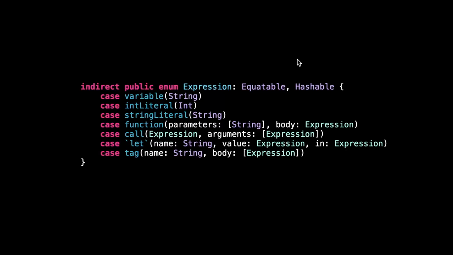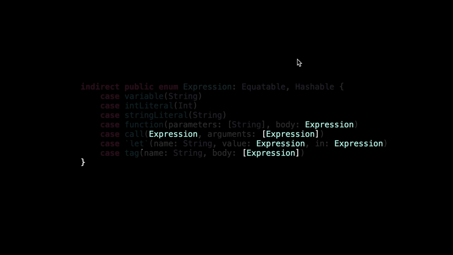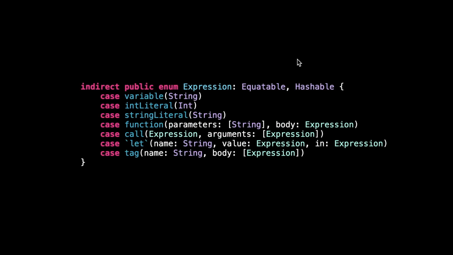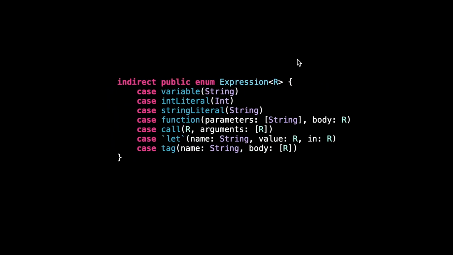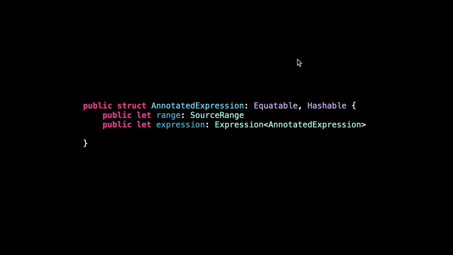Instead, we can use a small trick, and we can focus on the recursive parts of the expression. So if we take those recursive parts and replace them with a generic, that allows us to annotate our expression with any kind of annotation we like. So we could, for example, create an annotated expression with a range, and then inside we have an expression of annotated expression.